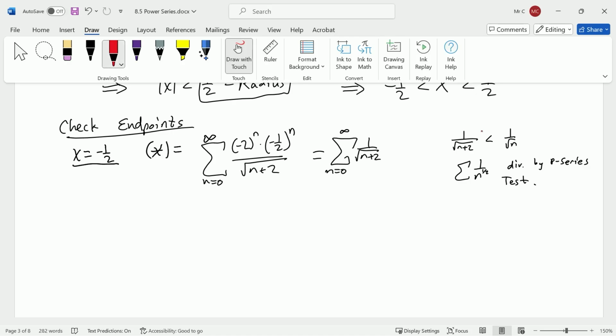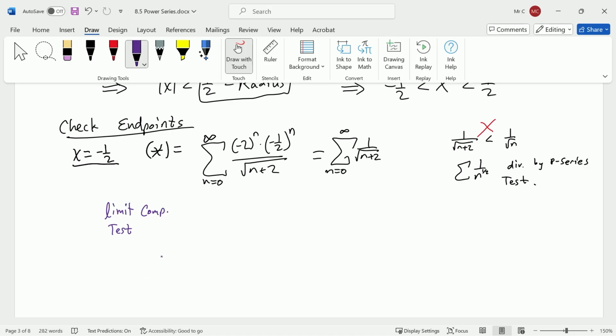So this inequality is the wrong one. Doesn't help me. So in order to show that this thing diverges, I have to use the limit comparison test.